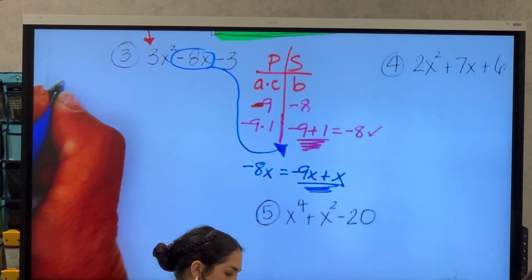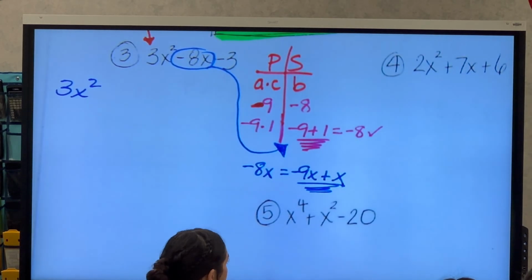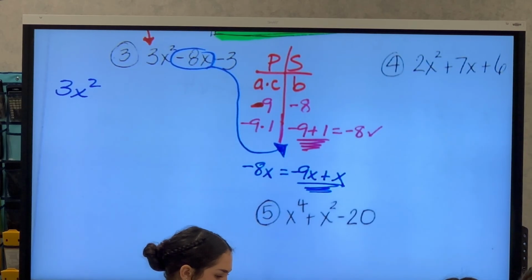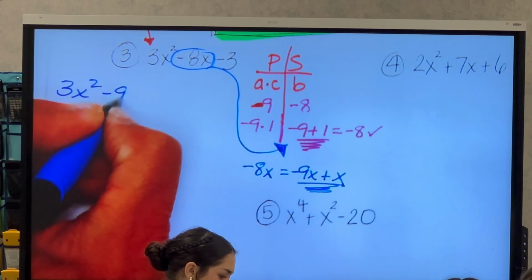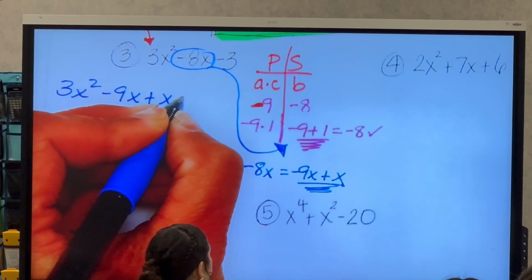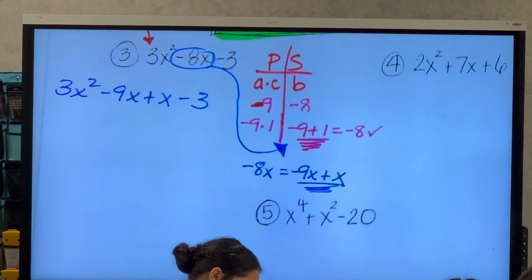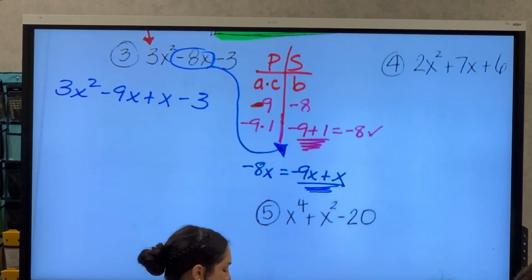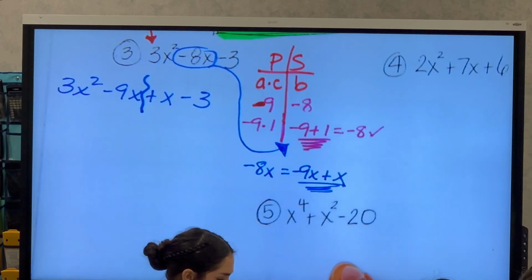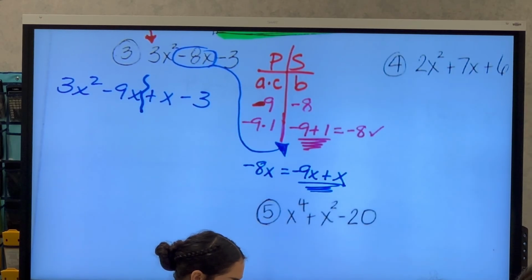So we're going to have 3x squared, but instead of the -8x, we're going to have -9x plus x minus 3. And now, just like example 1 and example 2, we have 4 terms, and we can break it in half and factor each side. What is the greatest common factor on the left?